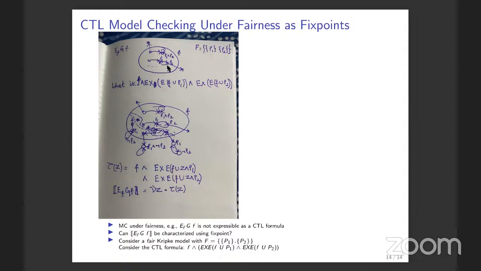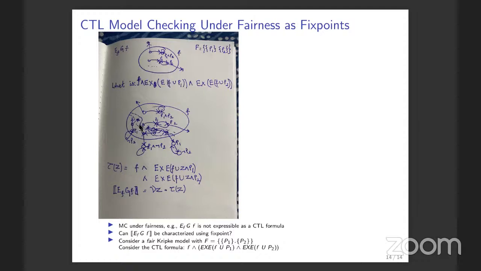Okay, this already includes F states which are on fair strongly connected components, one in which both P1 and P2 happen infinitely often. But unfortunately, it also includes those F states which in one or more steps lead to some strongly connected component which is not fair. Okay, and that is what you need to get rid of.